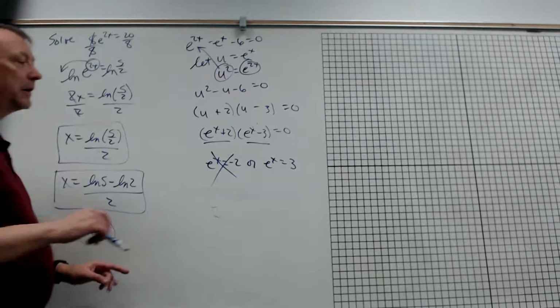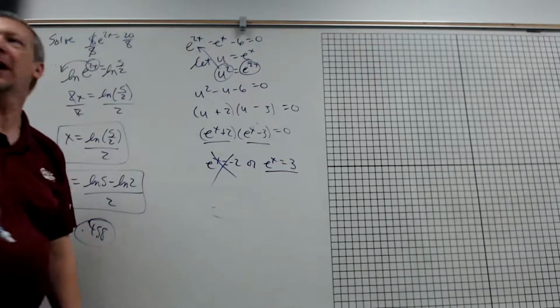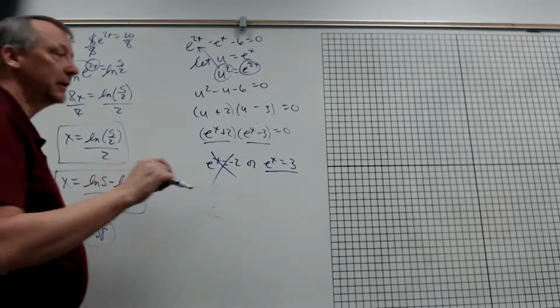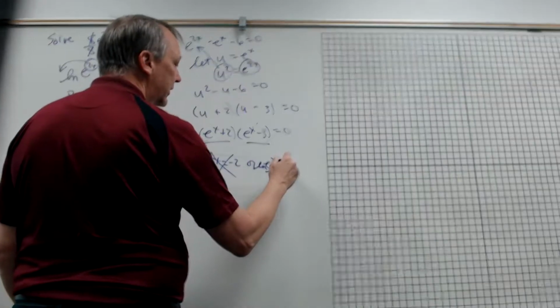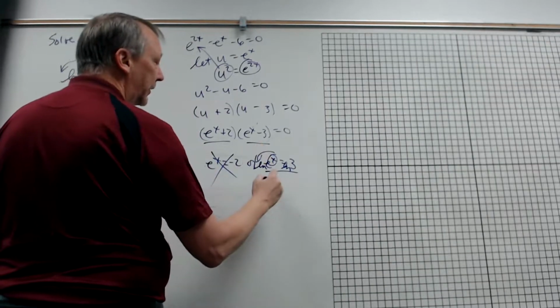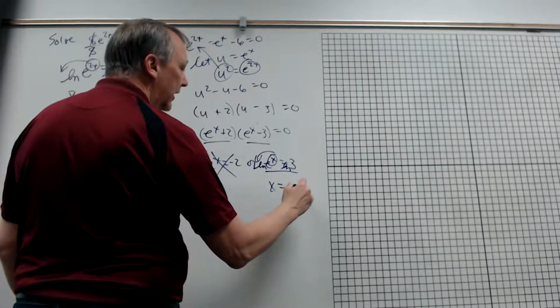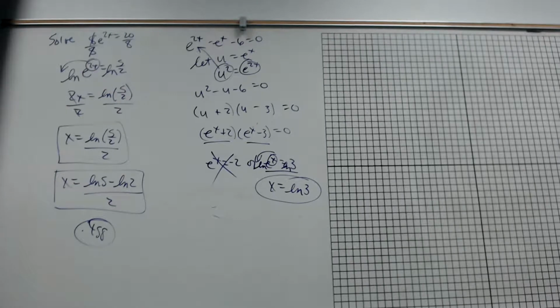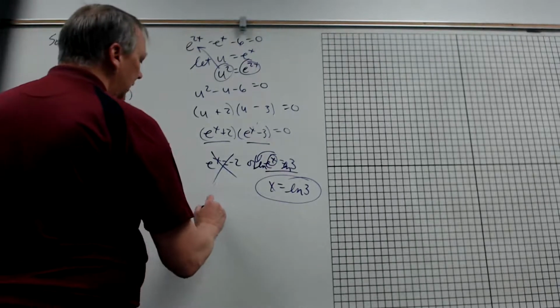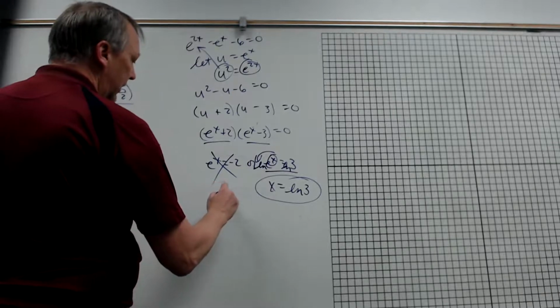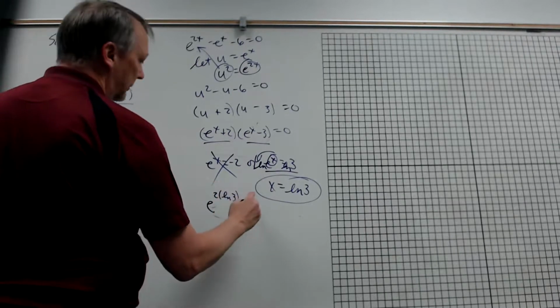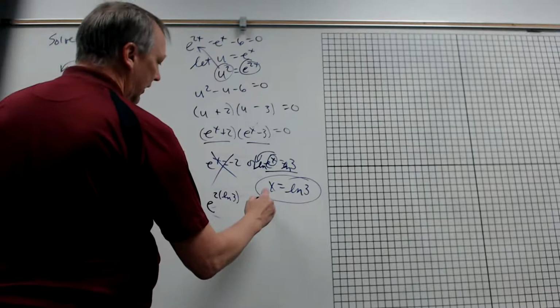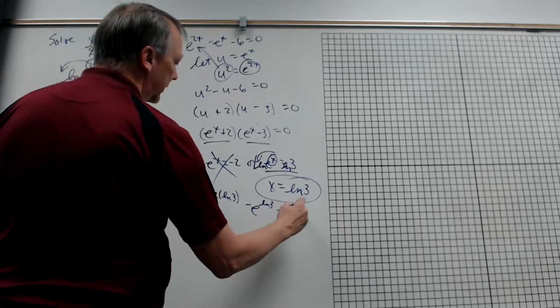Okay? But in this case, how do I solve that? We take the natural log of both sides, pull the x out front, and I'm going to get x equals ln of 3. And that's the correct answer. If you want to check your answer really quick, e to the 2 times the ln of 3 minus e to the ln of 3 minus 6 equals 0.